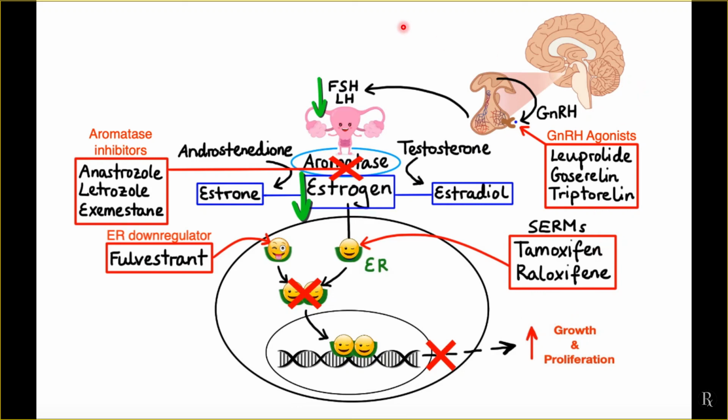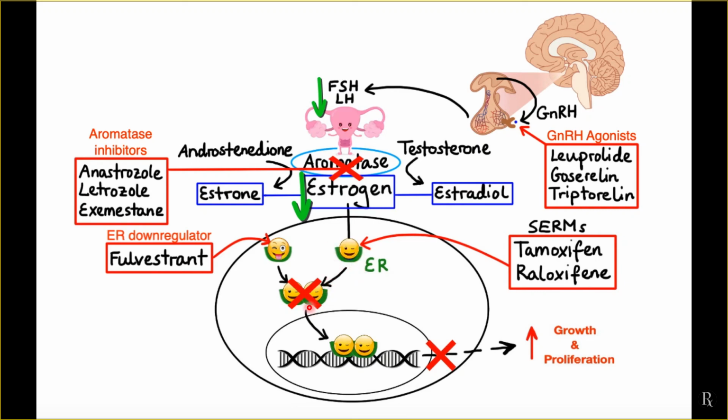So the production of the estrogen in women, so the most common hormone that will lead to the hormonal cancer in women is estrogen, and estrogens are binding to the estrogen receptor that is located inside the cell.